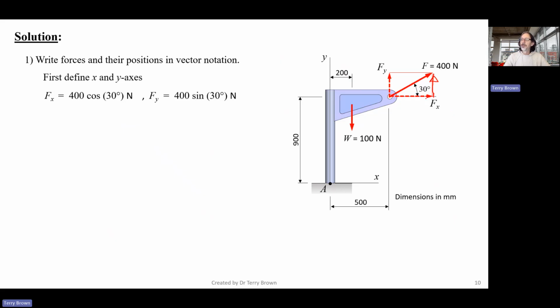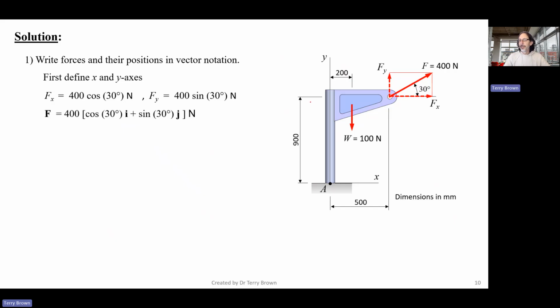I don't like that because it moves this component of the force off its line of action. So then when you go to look at, well, what's the moment effect of this force? It looks like it's acting out here and you're looking for this distance here, which is not correct.